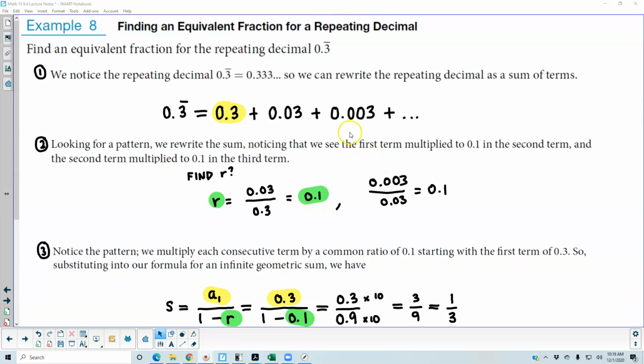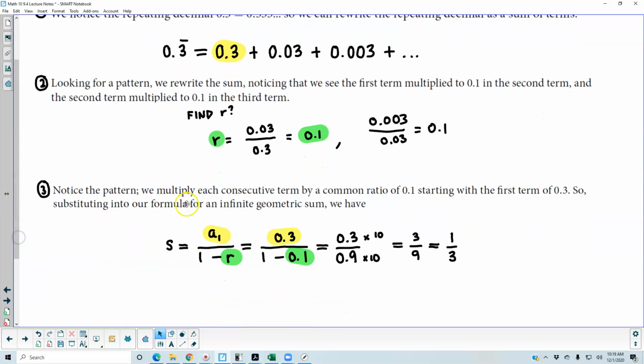If we take 0.003 and divide it by 0.03, it also gives us 0.1. So now we know that the first term is 0.3, and the common ratio is 0.1. Noticing that pattern, we can multiply each consecutive term by the common ratio of 0.1, starting with the first term of 0.3.